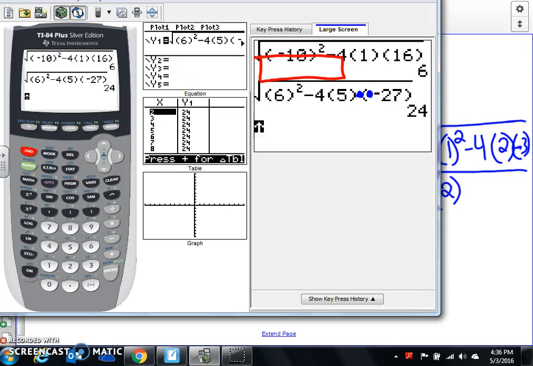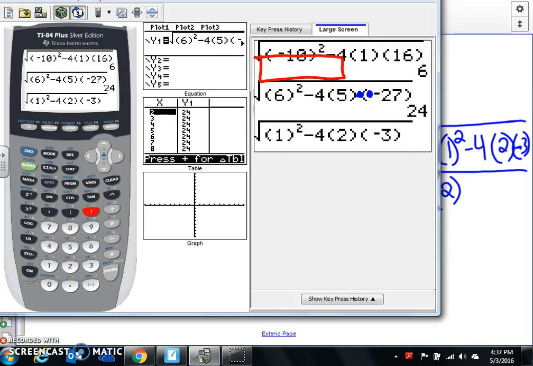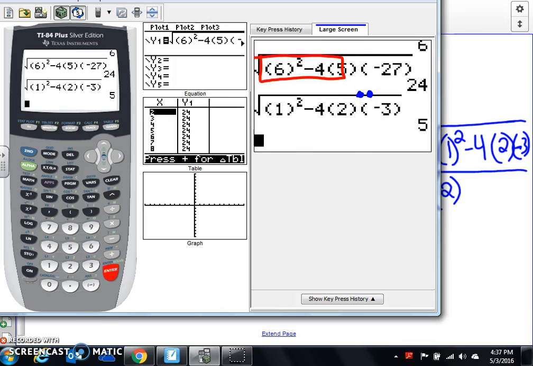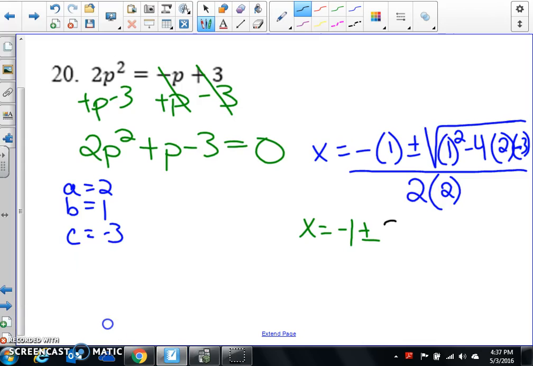Second square root, 1 squared minus 4ac. And I get 5. So plus or minus 5, 2 times 2 is 4.